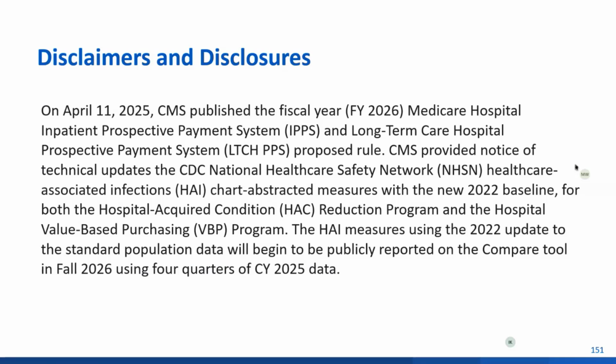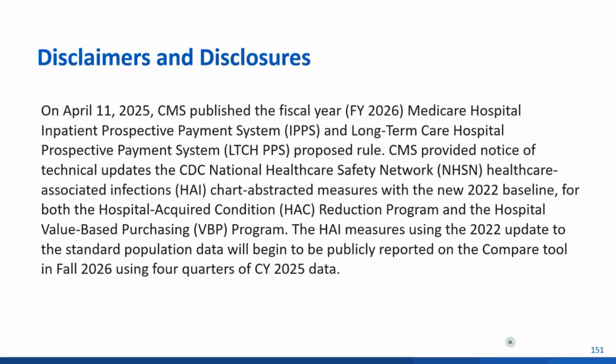On April 11th, CMS published the fiscal year 2026 Medicare Hospital Inpatient Prospective Payment System and the Long-Term Care Hospital Prospective Payment System proposed rule. As a part of this rule, CMS provided notice of technical updates to the CDC's NHSN HAI chart abstracted measures, specifically using the new 2022 baseline.